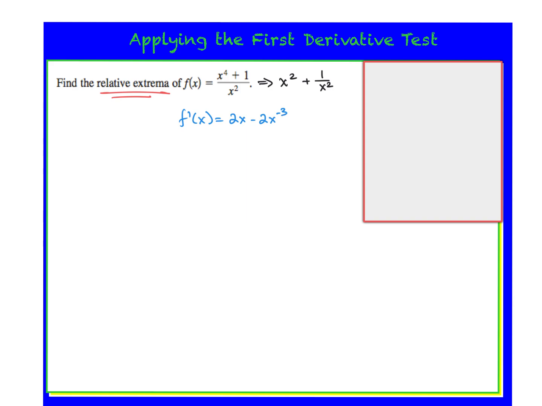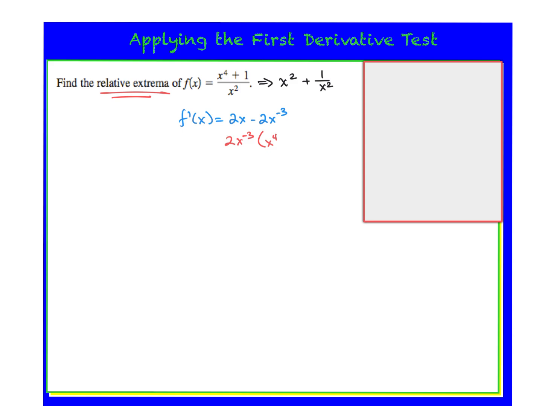And then I can factor out a least power. That's going to make my life a little bit easier. So what could we factor out? A 2 and an x to the negative third, exactly. If I factor out an x to the negative third from an x, that's really an x to the fourth power, because we subtract them: 1 minus a negative 3 gives x to the fourth.